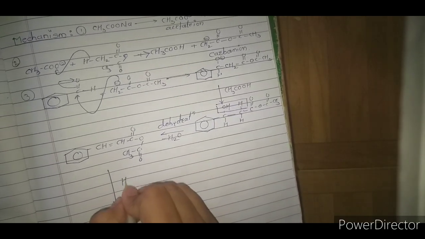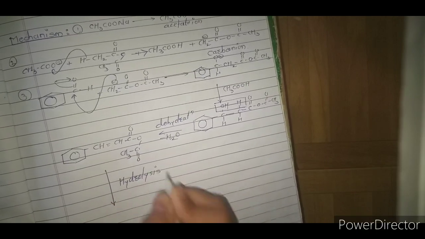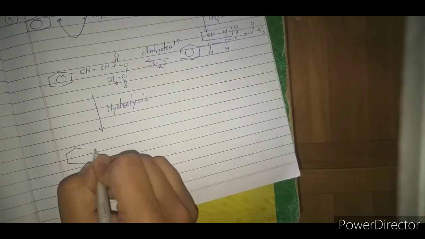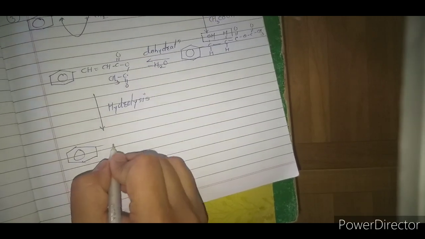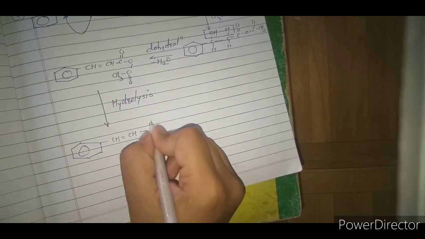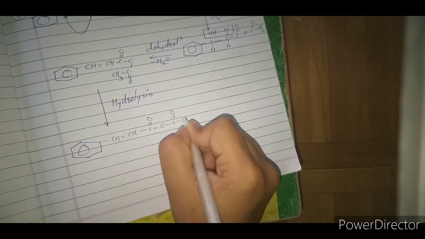And hydrolysis takes place. So what happens in this hydrolysis? Okay, take this compound, O, O, C double bond O, CH3.